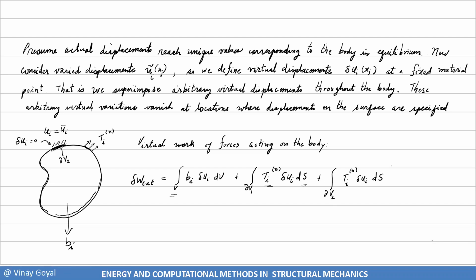At other locations, partial V1, that surface that's not partial V2, is where tractions are applied. But where partial V2 is, U_i equals U_i bar, that has been specified. So this integral is zero, but I'm putting it here so you can see what it looks like. You can still put it there. We know it's zero. It's not a problem.